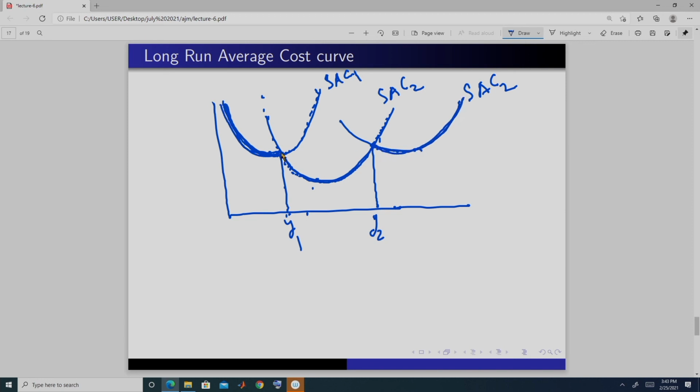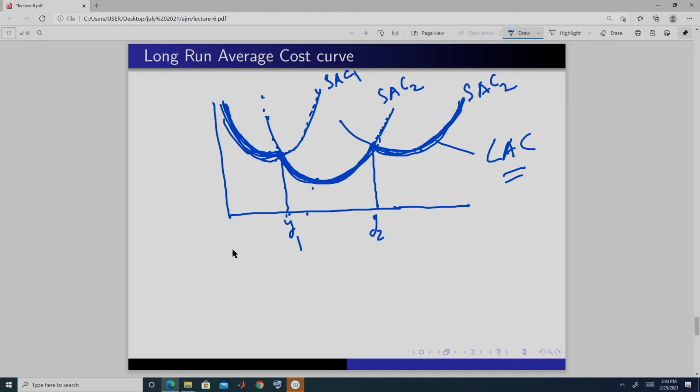So this outer envelope, that is the lower envelope of all the short run average cost curves, gives me the long run average cost. In the long run, the average cost will always be the lower envelope of the short run average cost curves. Because when we are producing this much, we can use plant 1, and since it is the long run, we can change the plants. Plant sizes are also variable.